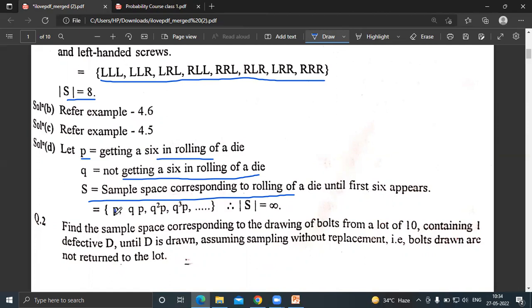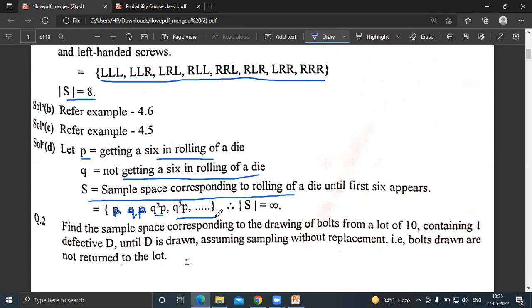That value is P. If we roll the die 2 times and in the first case we do not get 6, then it looks like Q. Then similarly, if in the second time we get P, then it is QP. Similarly, if we roll the die 3 times and the first 2 are not 6, then the third time is 6, then it looks like QQP.